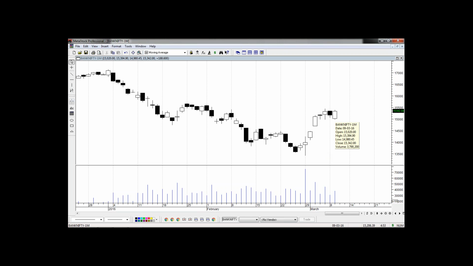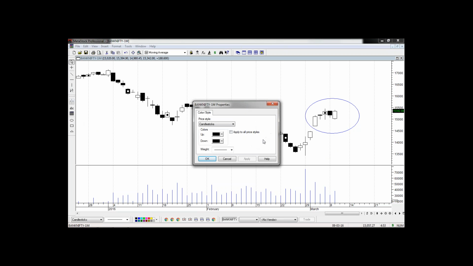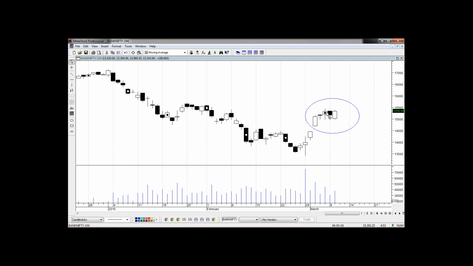As you can see, there were three candles being formed out here. The last candle engulfed almost the earlier two candles and had a lower low. The low of this candle was somewhere around 14980.